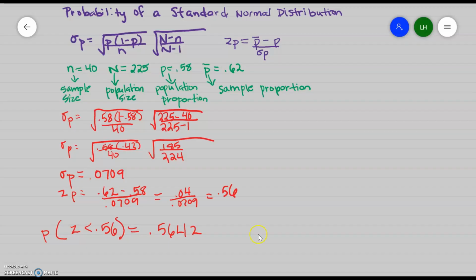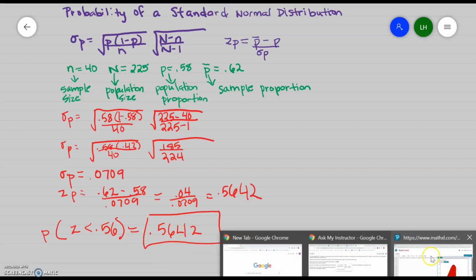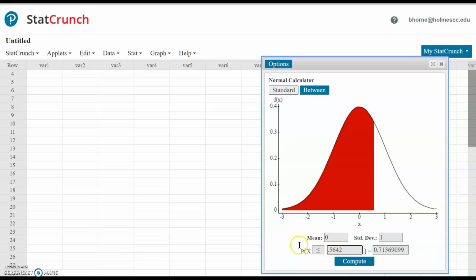Going back, we want to round the z value to 4 decimal places. And even though we want it to be less than 0.5642, there's not an option to put in less than. There's two things you could do here.